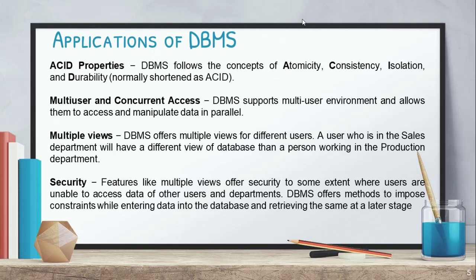Security. Features like multiple views offer security to some extent, where users are unable to access data of other users and departments. The DBMS offers methods to impose constraints while entering the data into the database and retrieving the same at a later stage. The DBMS offers many different levels of security features which enable multiple users to have different views with different features.